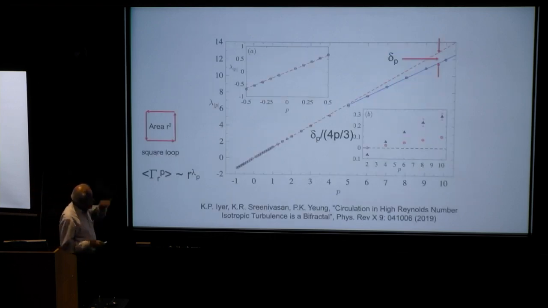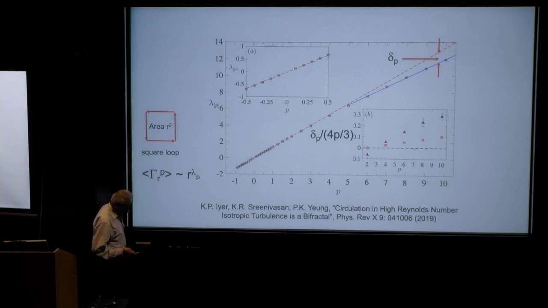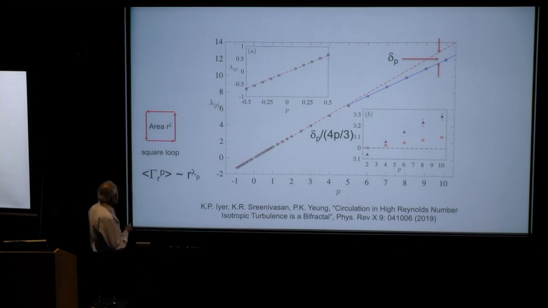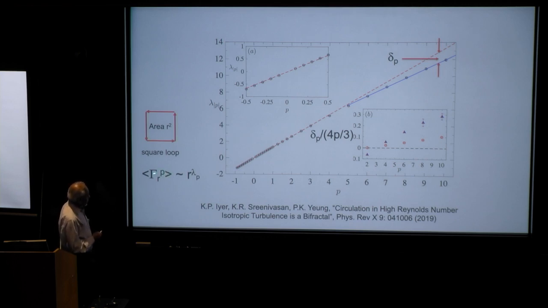And now this is one result from the calculations. Basically, if the precise geometry of the loop does not matter to a very large degree, let's take loops which are squares, and you compute the circulation around it, call it gamma of r, representing a length, and evaluate its pth moment.